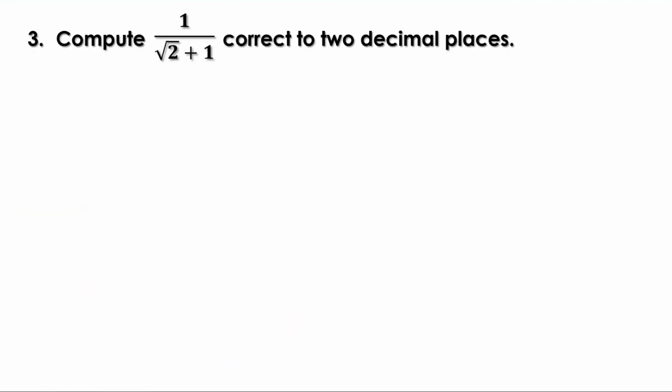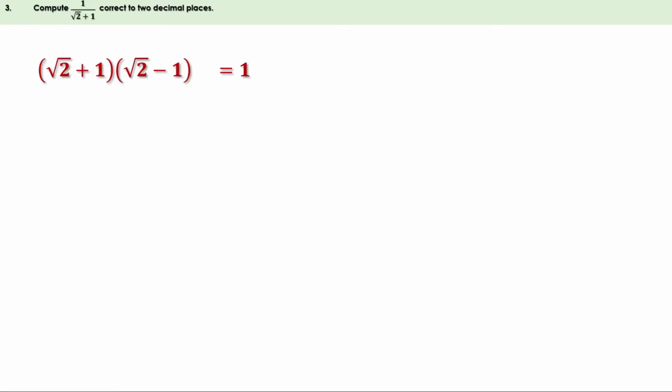Next problem. Compute 1 by root 2 plus 1 correct to 2 decimal places. We have seen that root 2 plus 1 into root 2 minus 1 equal to 1. Let us take root 2 plus 1 on the other side. Then we get root 2 minus 1 equal to 1 by root 2 plus 1, or 1 by root 2 plus 1 equal to root 2 minus 1.